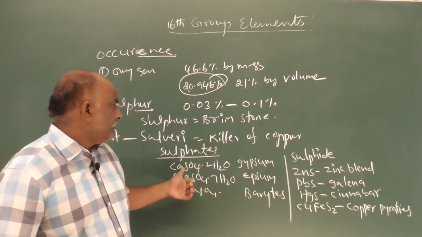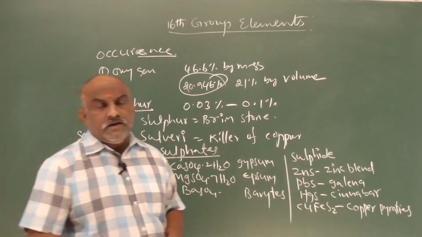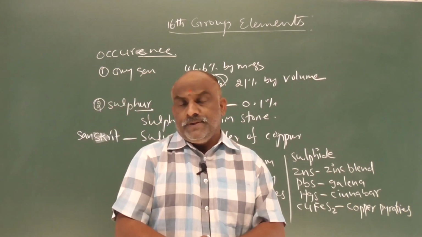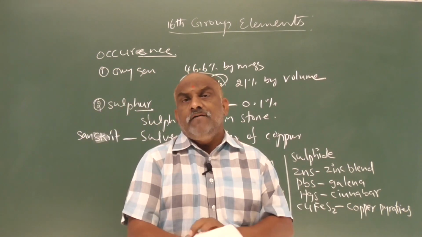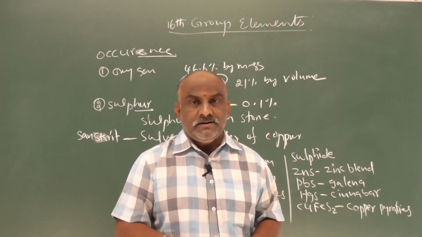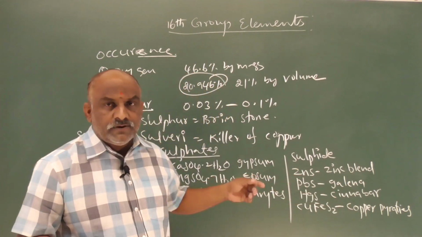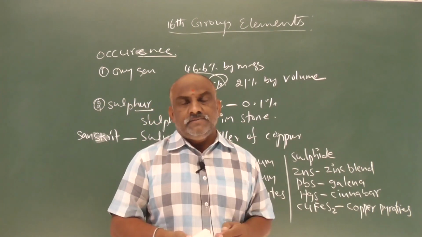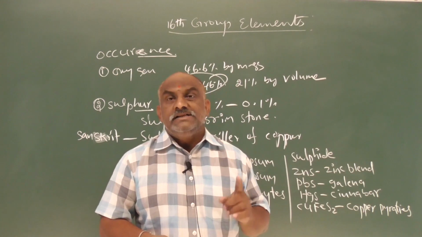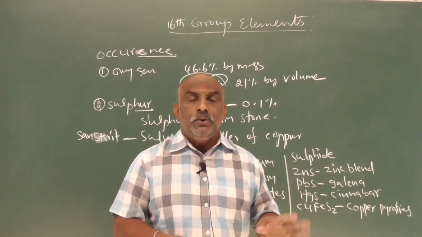So this is the occurrence of sulfur, and of the remaining elements, selenium and tellurium are also available in the form of selenides and tellurides in sulfide ores, in very fractional amounts.